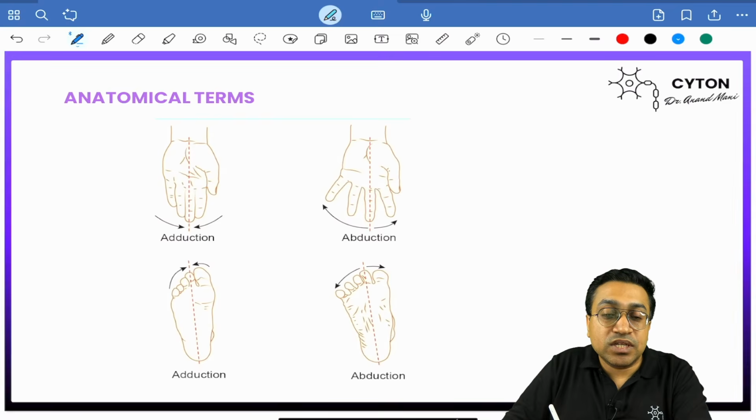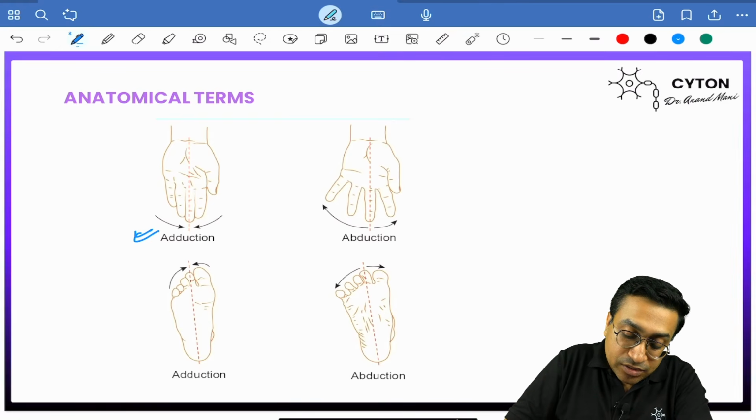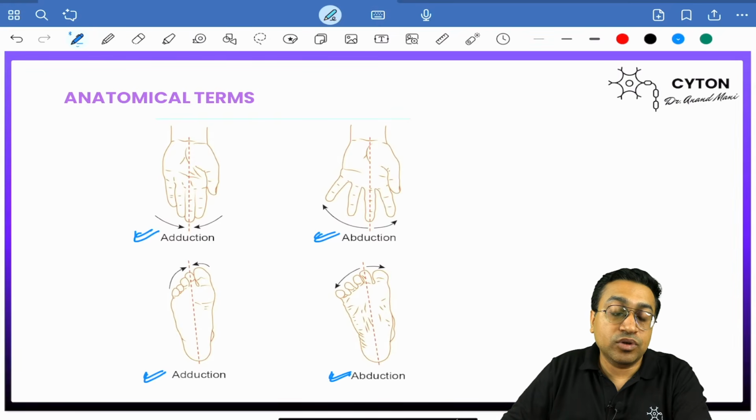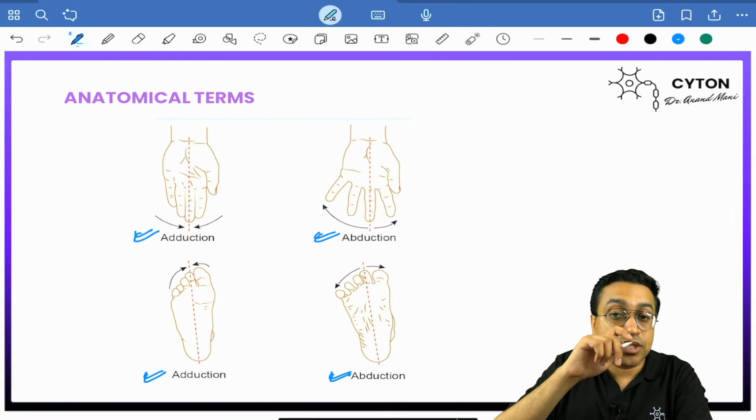Then, so these are the terminologies which you will hear. Okay, these are things like the adduction, abduction. Similarly adduction, abduction. Now in case of the hands and the foot, you can see there is a difference in the adduction and abduction.